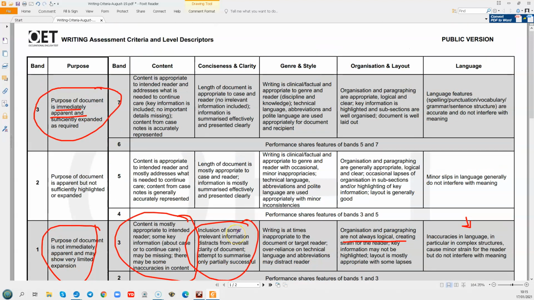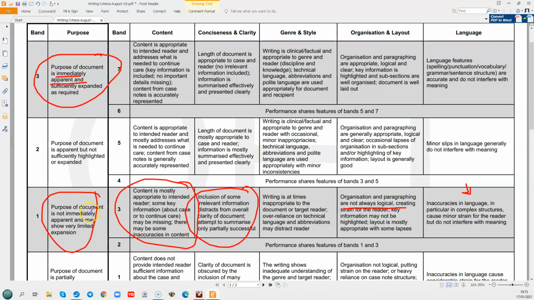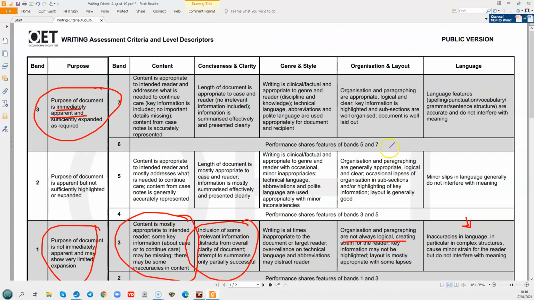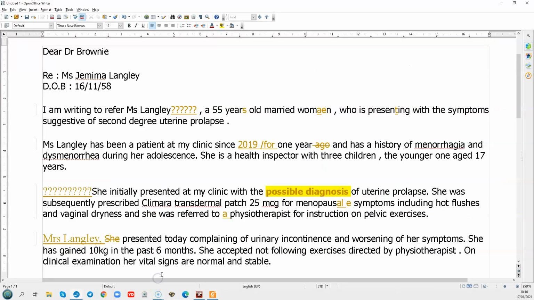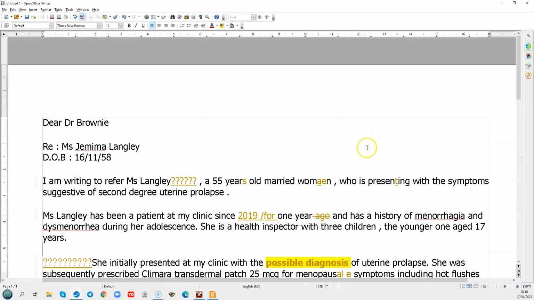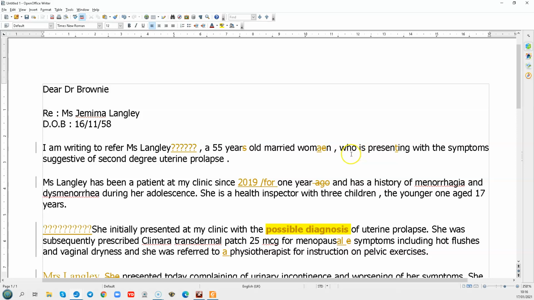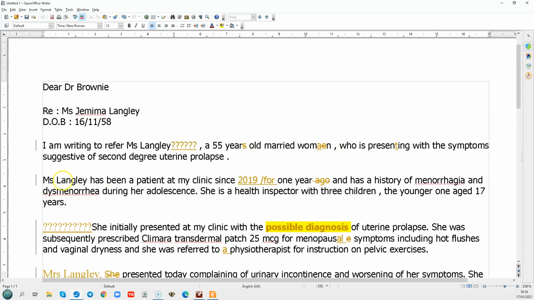Some minor strain, but I don't think you would be getting a very high score for this particular letter. Okay, so we need to be clear. What is it you want? Then logically present it. You're telling a story, constructing a narrative, and this letter here doesn't really work. If I've got to ask as a reader, what does that mean?